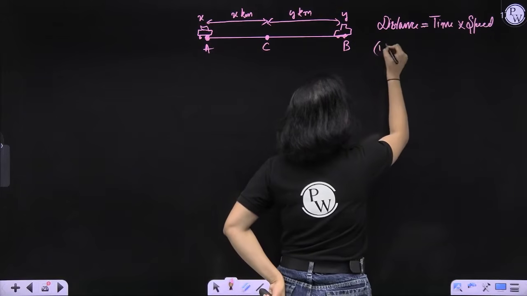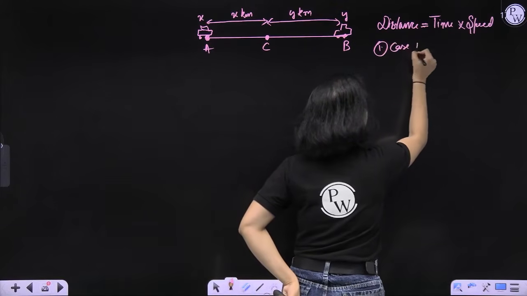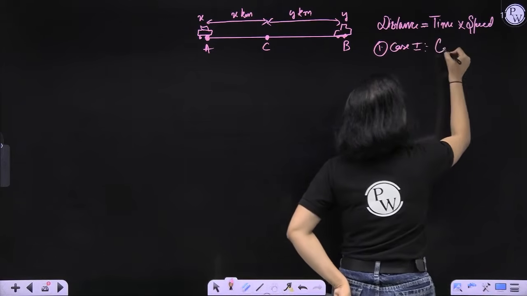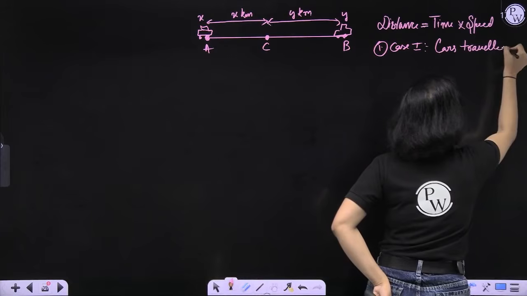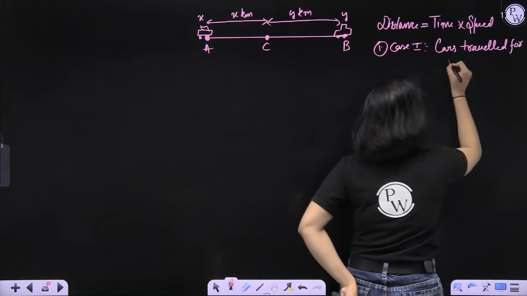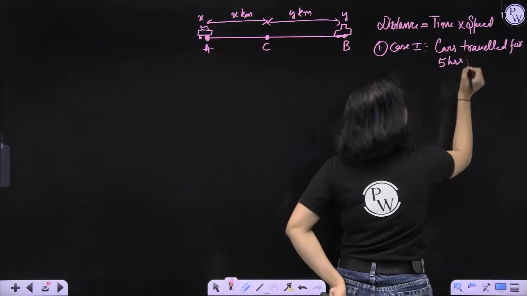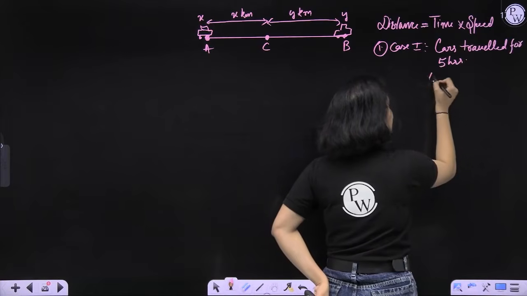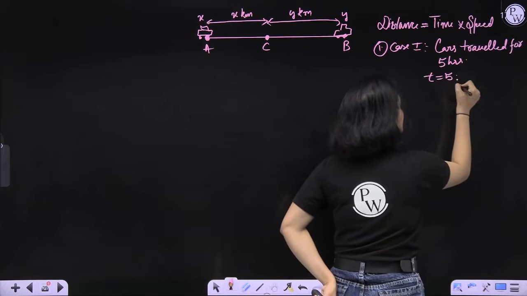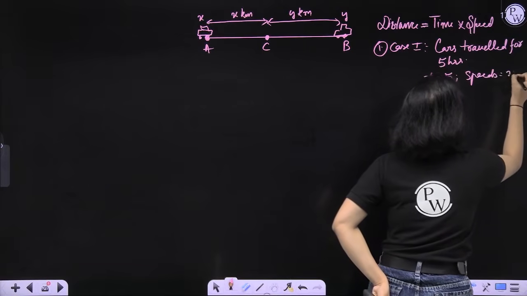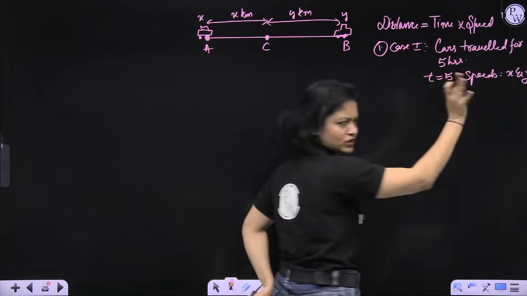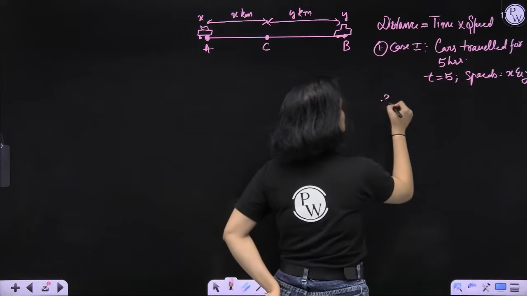Case 1, cars traveled for 5 hours. So time is equal to 5 and the speeds you already know, x and y individually. Speeds were different.